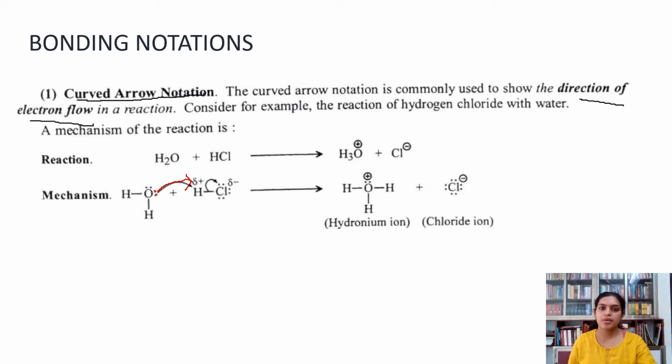So that hydronium ion is formed, and this bond is cleaved like this, and Cl minus is the byproduct. So the curved arrow notation here we have seen twice, and in both cases it means the shift of two electrons. It gives us the direction of electron flow.